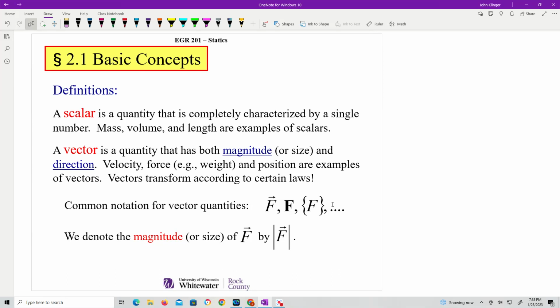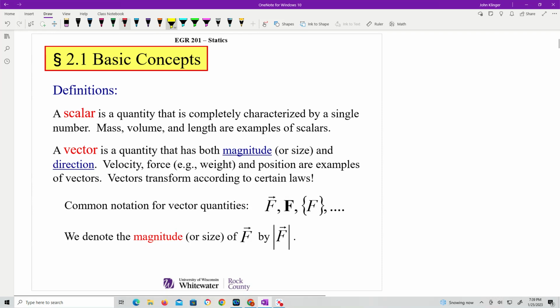All right, just a quick recap going on as far as the basic concepts. We talked about last time scalar type things being just values themselves, some number, some size, such as mass, volume, length, are all examples of scalars. And then we talked about vectors, and vectors have both some magnitude and some direction to it. So weight or a force, so a weight is pushing us down to the center of gravity, right, center of Earth.